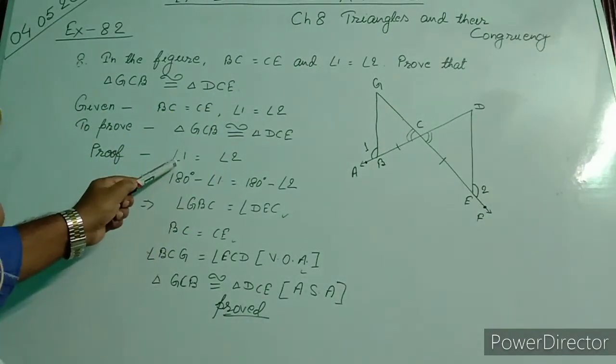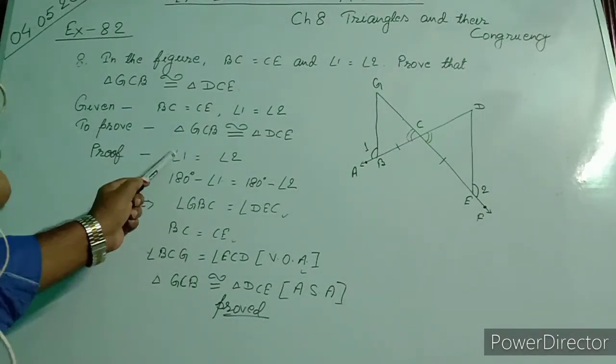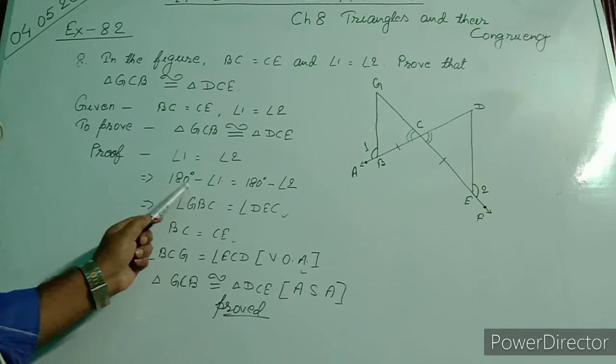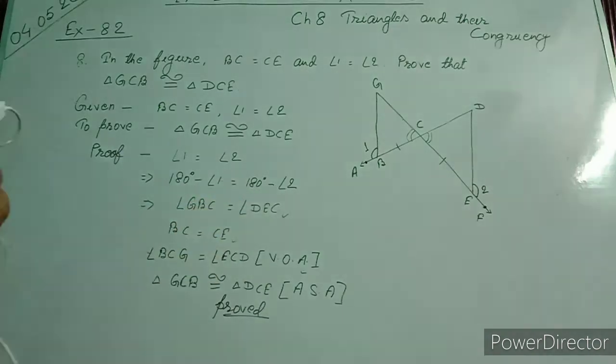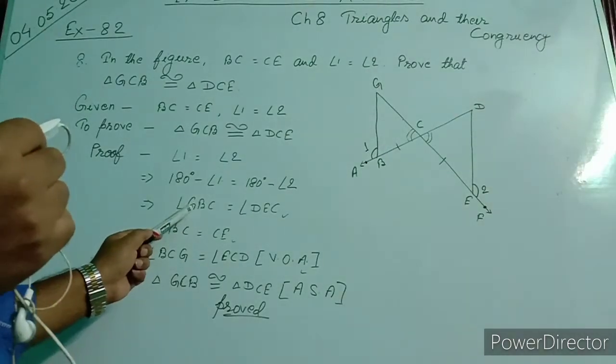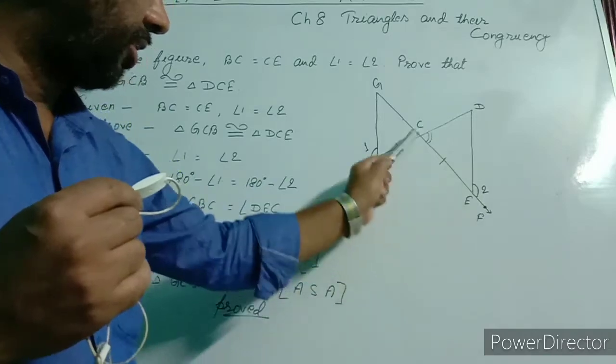So the first condition we got from the given information that angle 1 equals angle 2. I subtracted these equal magnitudes from 180 degrees and I wrote 180 degrees minus angle 1 equals 180 degrees minus angle 2, and I got the resultant that angle GBC equals angle DEC.